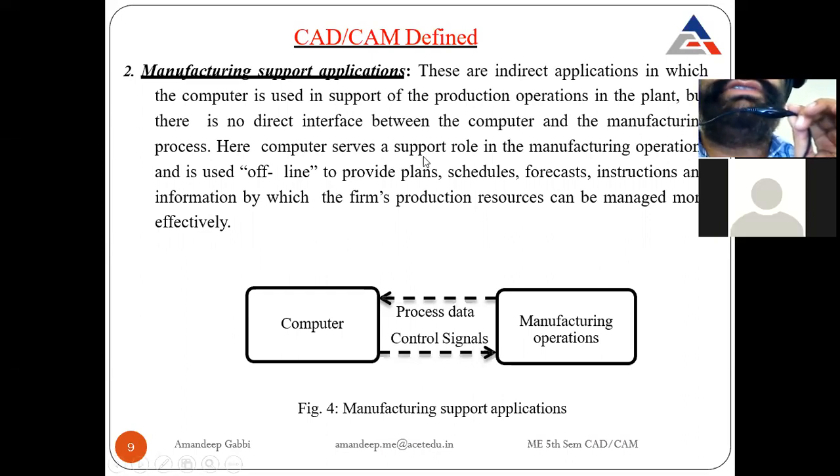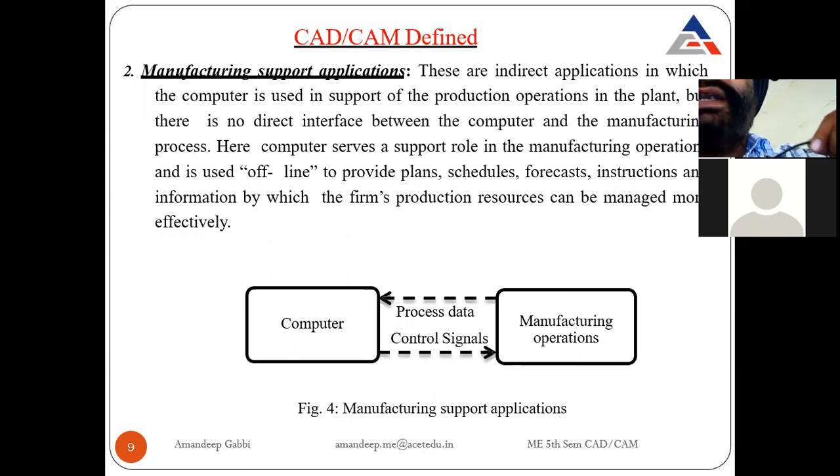Here the computer serves a support role in the manufacturing operation and is used offline to provide plans, schedules, forecasts, instructions, and information by which the firm's production resources can be managed more effectively. As I have told you, manufacturing support applications include computer-aided process planning, group technology, and scheduling.